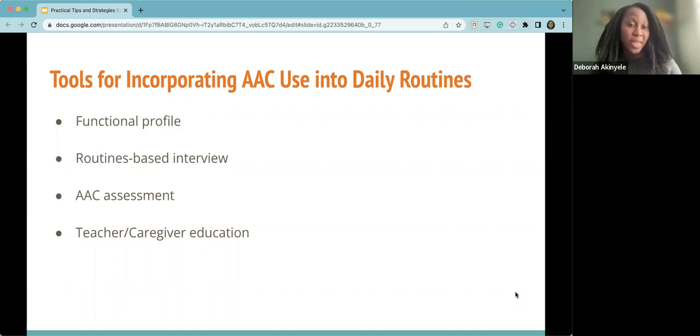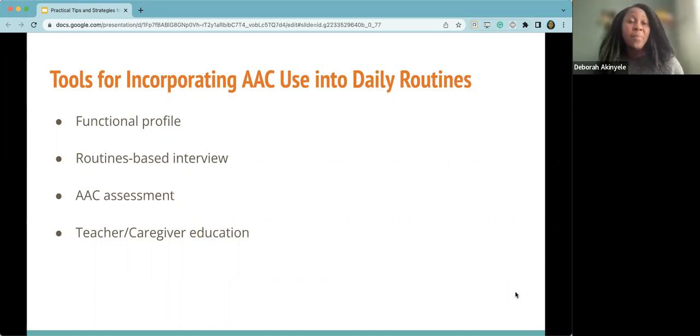And so, of course, when we talk about the AAC assessment, that is then looking at the client specifically, understanding their level of cognition, understanding what types of AAC tools and devices would be the most appropriate or would be the most accessible for them. And there are so many different factors that can influence that, which we'll get a chance to talk about a little later.